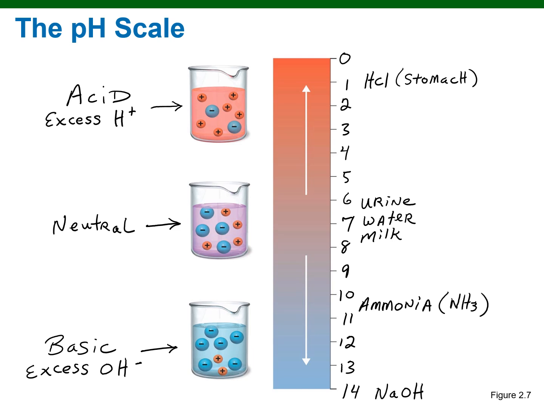Also in this acidic range, as we go down the list, you'd find things like lemon juice. Lemon juice is pretty sour and sharp. Tomato juice would also be very acidic, not quite as acidic as lemon juice, but down there in that range.